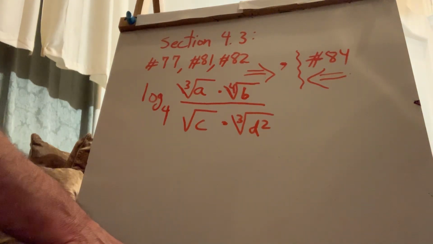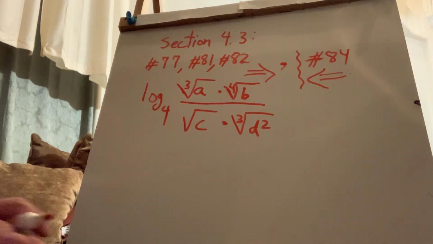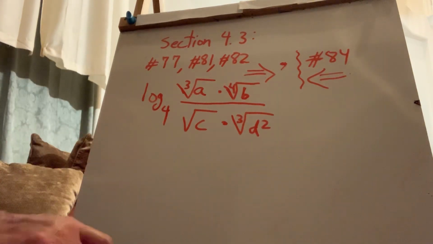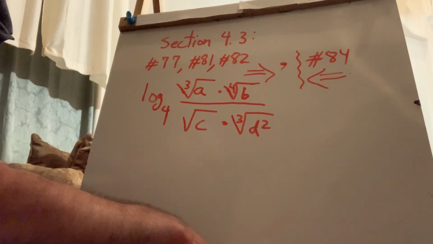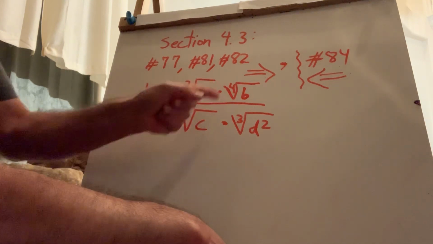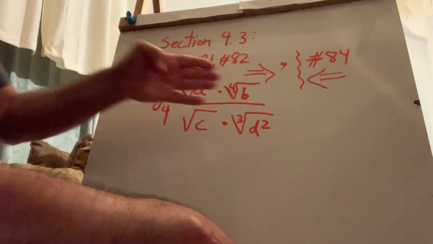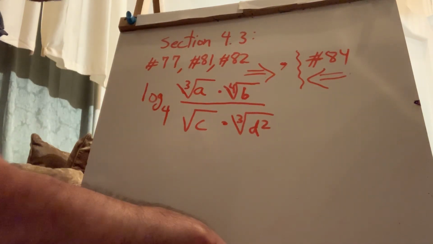Okay, so this is definitely a little bit more interesting than the last one, number 77, but it is going to be the same thing. Right off the bat, I can see that in this problem we are going to use the same 3 properties, all of them, because you can see there are products involved on top and the bottom. So we have to remove the product by the product property. We have a quotient, which ultimately has to be removed by the quotient property.